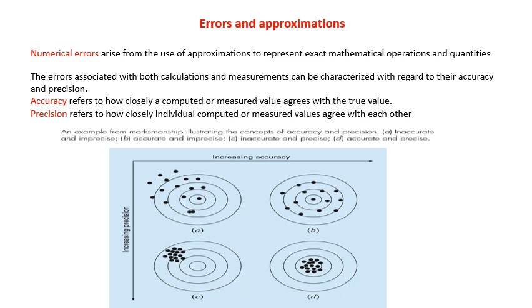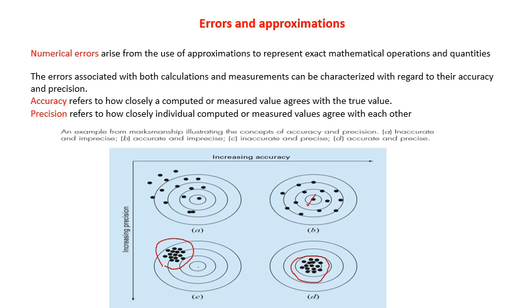In figure B, it is sometimes accurate, since one dart has hit the target, but it is not precise. Figure C is precise but not accurate, as it is not hitting the target properly. Figure D is both accurate and precise.